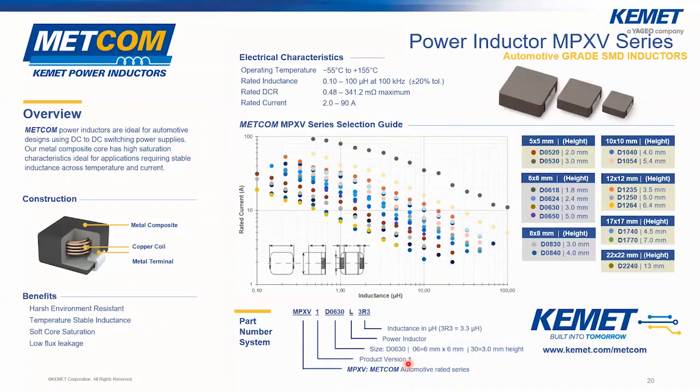Here is an overview of the different inductance values that we can provide, plotted against the rated currents and for different footprints and heights, so you can directly select the correct part numbers and see if we have a solution for your application. The standard footprints up to now are from 5 by 5 up to 22 by 22.